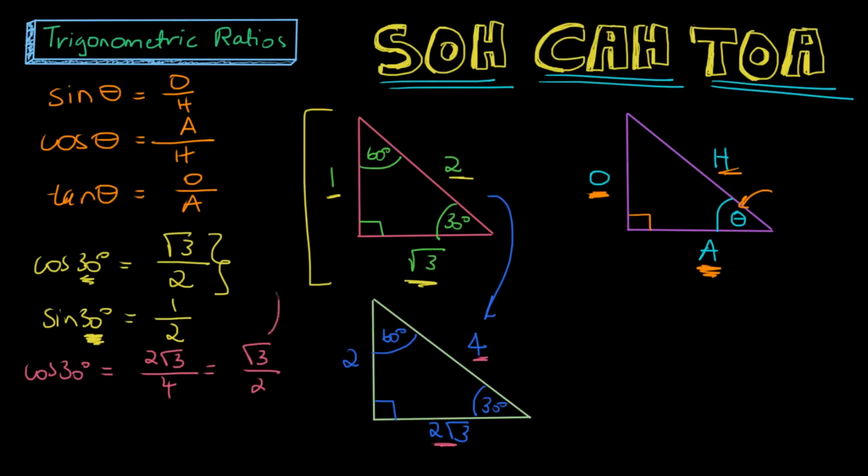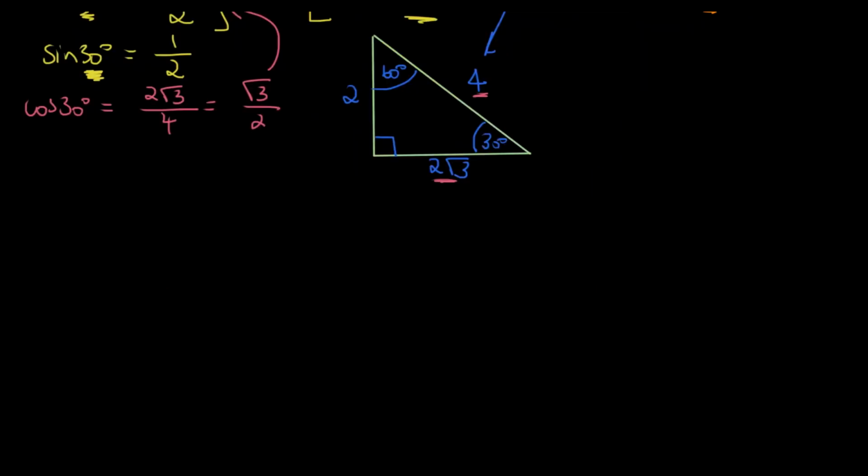So we can see that it doesn't matter how big this triangle is, if the angle inside is the same, then the ratio between the adjacent and hypotenuse side is always going to be the same. And this becomes a super handy piece of information in all sorts of engineering applications.